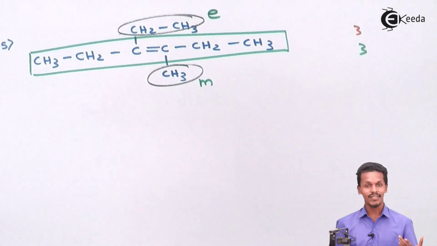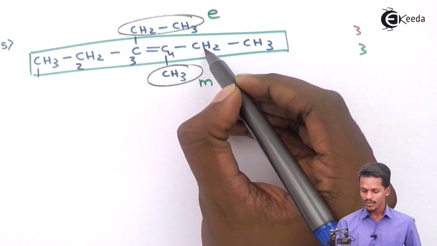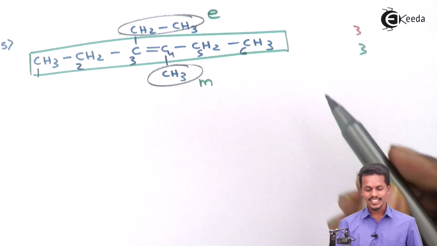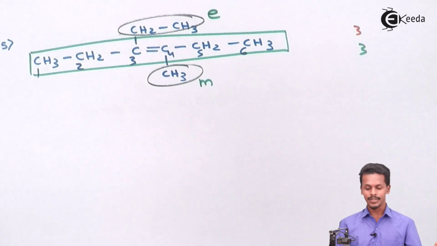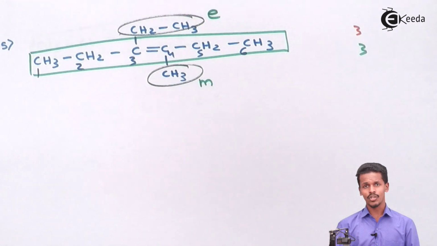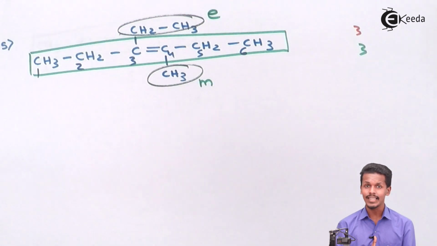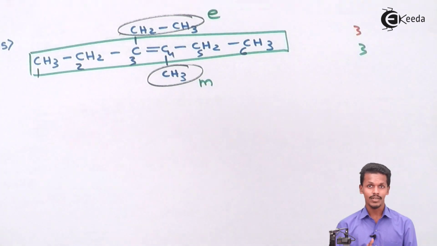Yes, this is what we have learned right now. That is 1, 2, 3, 4, 5, 6, and this is the number sequence. The number I have got for ethyl is 3, while methyl has got the number 4. What about the writing? That is, how we'll write the IUPAC name. Would ethyl come first or methyl come first?